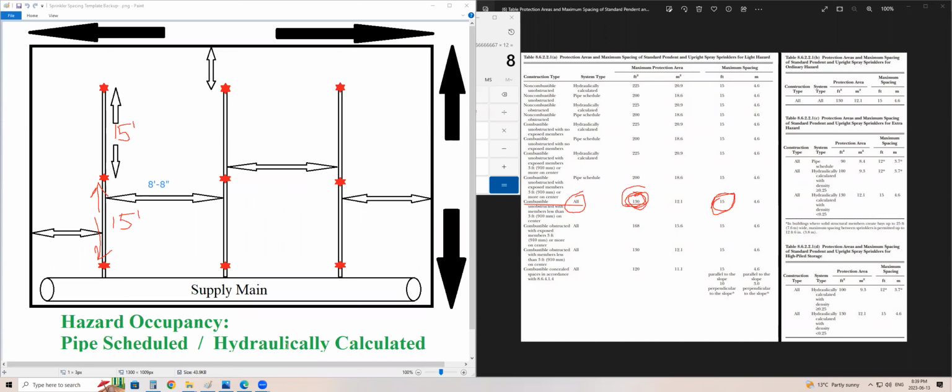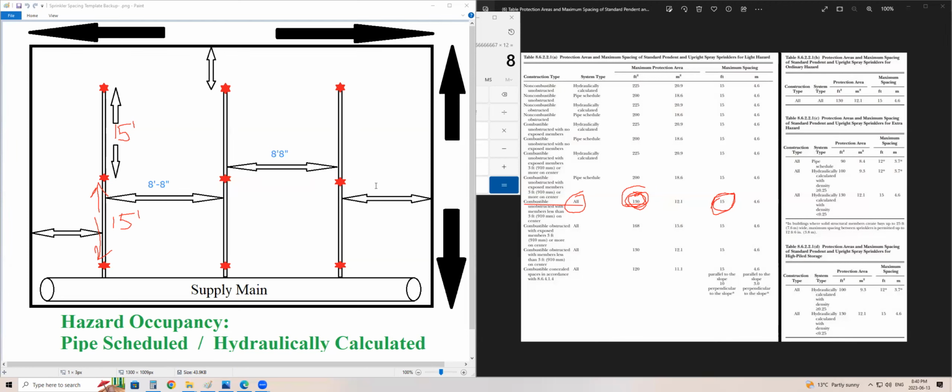So 8 foot 8 inches between here. I meant to put a hyphen in there, but you know what I meant. Now we get to our wall. Can I be 8 foot 8 off the wall? Can I be 6 feet off the wall?